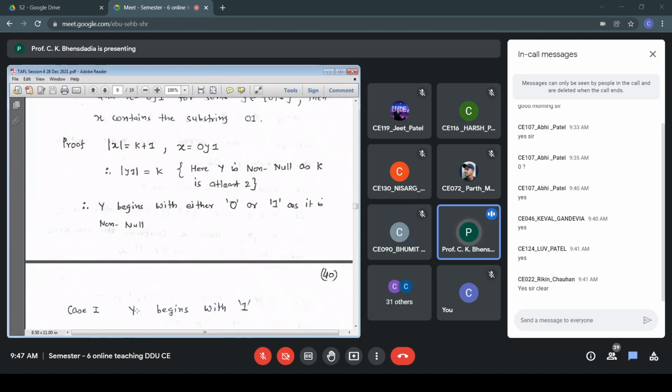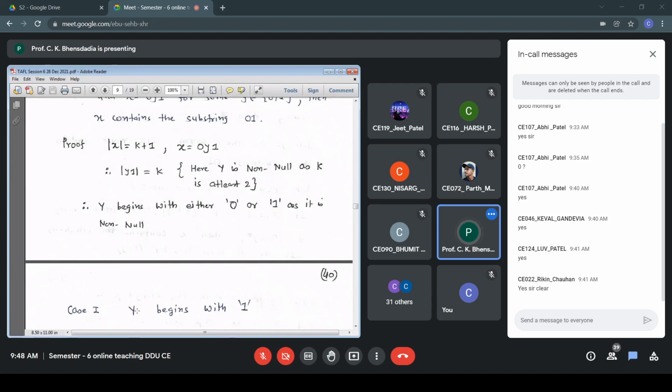So, y begins with 1. x equal to 0 y1 and y begins with 1. We are looking for the substring 0 1 in x. Y begins with 1. It means 0 1 is present in x as its prefix. 0 y1 and y begins with 1, so that becomes 0 1 something and 1.